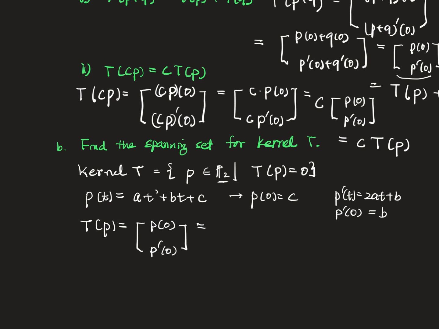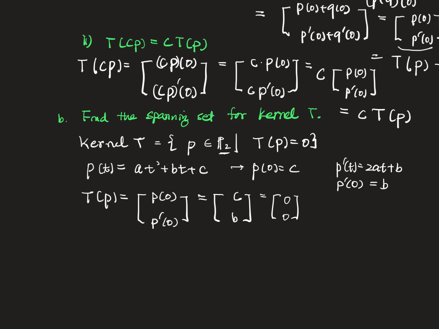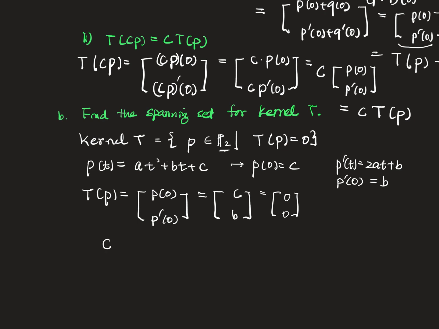So we find the image of P under T: this one is c, and this one is b. This vector should be the 0 vector, so it should be 0 and 0. The two vectors are the same, so c should be 0 and b should be 0.